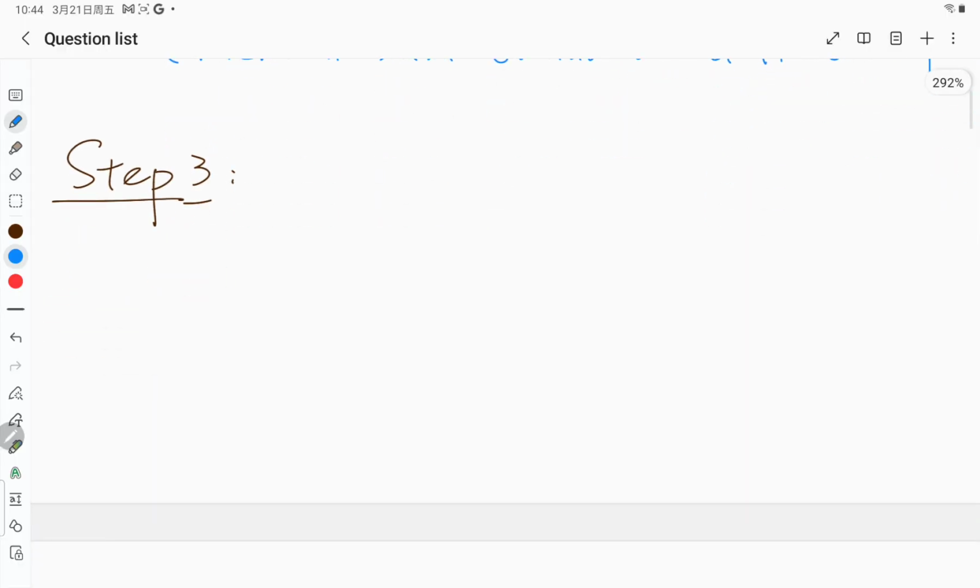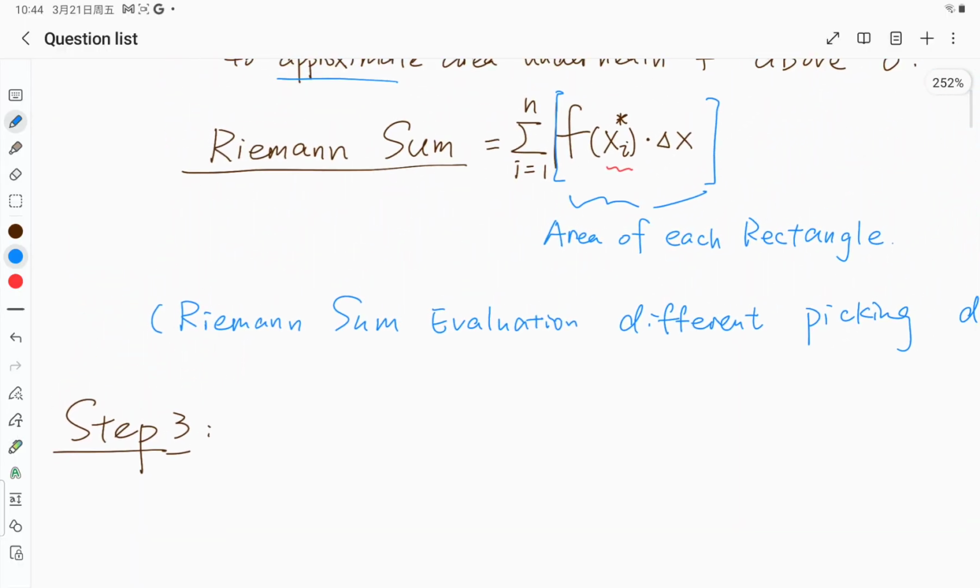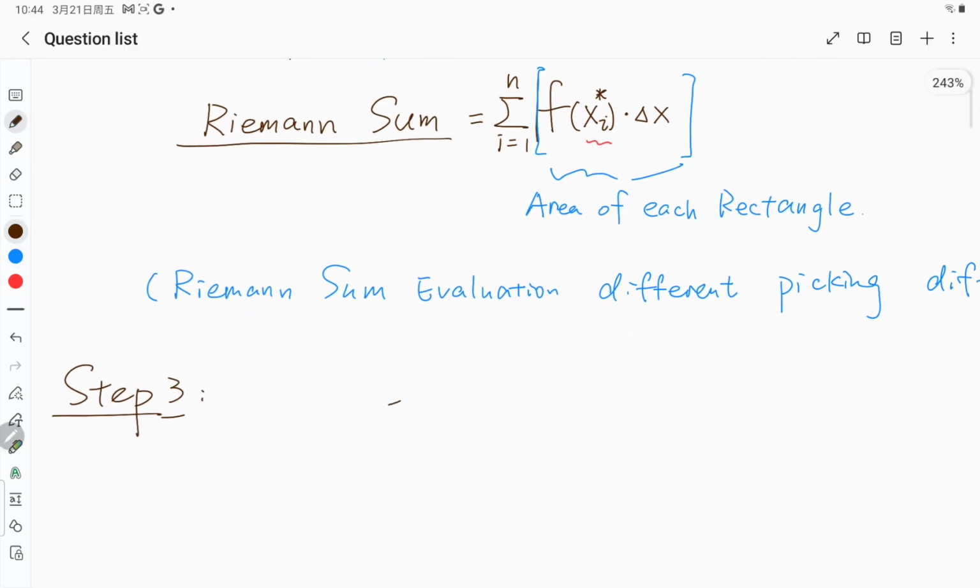So how do we take the limit? For the Riemann integral, instead of taking n rectangles, we take n to be arbitrarily large, okay? So the Riemann integral.